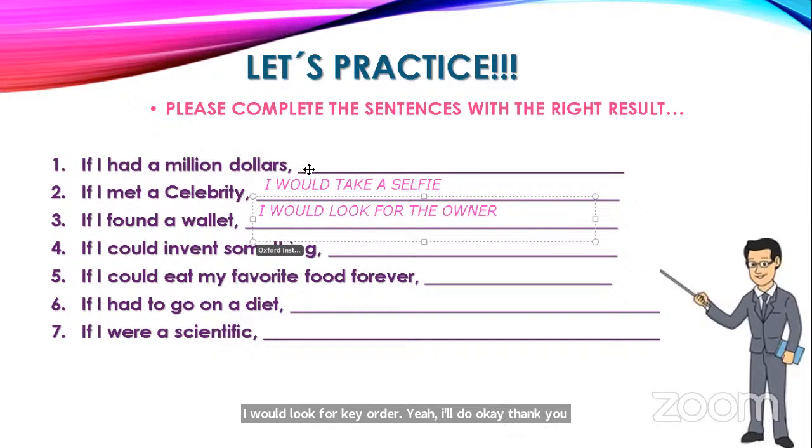What about you, Miss Rocio? Number 4. If I could invent something. Si pudiera inventar algo, Miss Claribel, Miss Rocio, what would it be or what would you do?